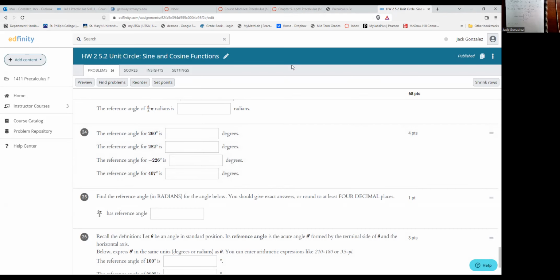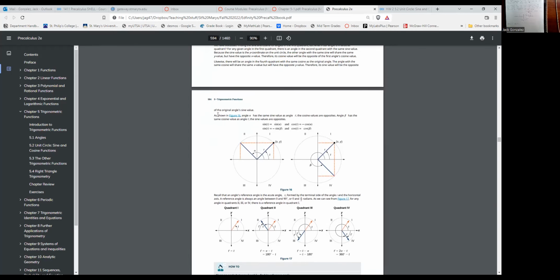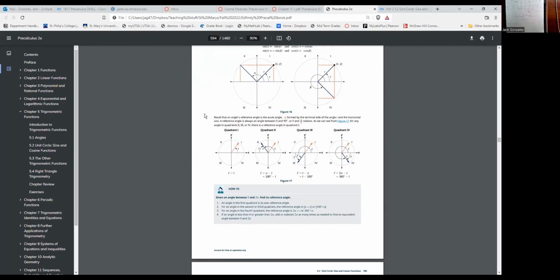So you would do 260 minus 180. That'll be your answer. If you're in quadrant 4, you do 360 minus the angle they're asking. So I would recommend putting this page, 584, just write this down in your notes. Like a formula card, or a formula page. Put that on your formula page. Okay.